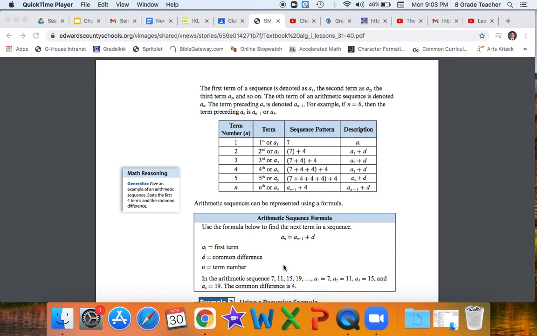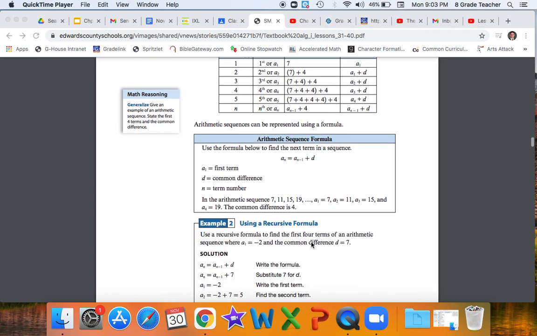You can see a1 is 7, a2 is 11, a3 is 15, and a4 is 19. The common difference is 4. This gives us information to actually write out the arithmetic sequence formula so that I can find the next term in the sequence always by knowing the previous term.